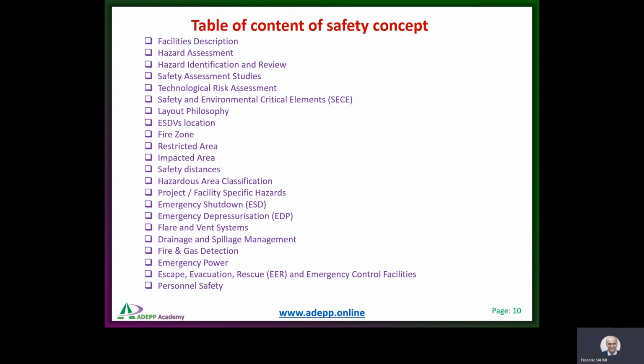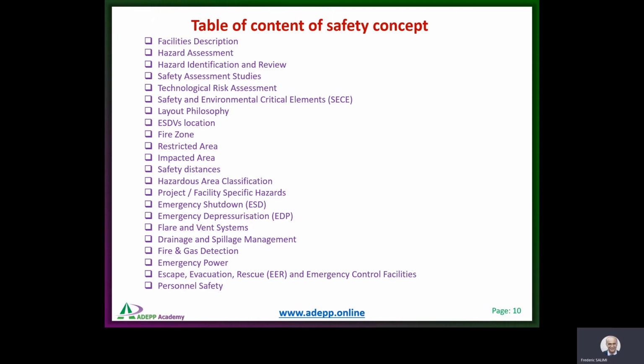Technological risk assessment, that means scenario-based studies such as detailed risk analysis and QRA, if any. The conclusion of this study should go through safety concept. Safety and environmental critical elements: after doing the bow tie, after risk reduction measure, you should clearly define what are the safety and environmental critical elements in safety concept.